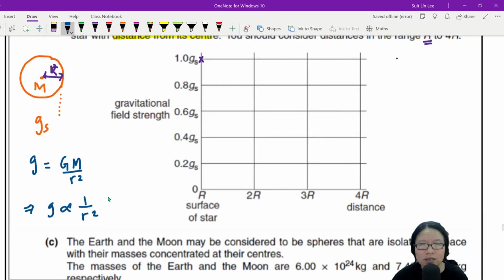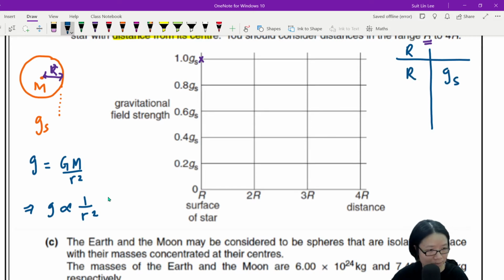Normally, if you cannot, I suggest to build a table. Let's say you're talking about R. When R is R, this is GS. When it is 2R, twice the radius, this will be GS over 4, or GS over 2 squared.